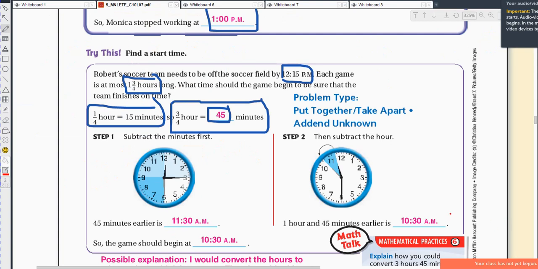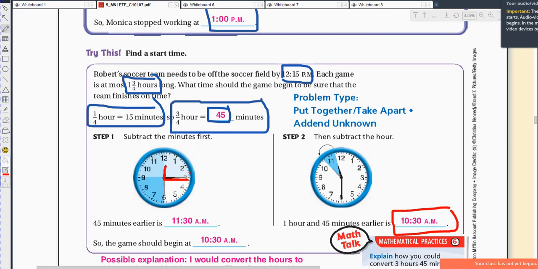So the answer here is 10:30 a.m. If you look at the clock, the hands of the clock show 12:15, and we want to move back. Firstly, we move back 45 minutes.